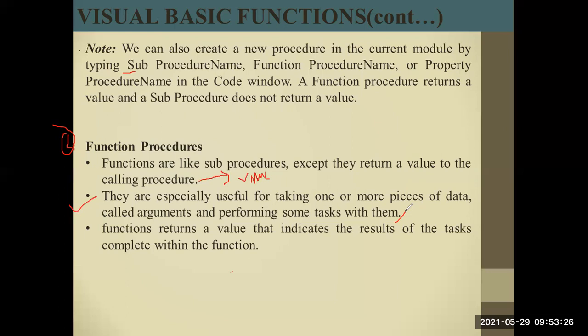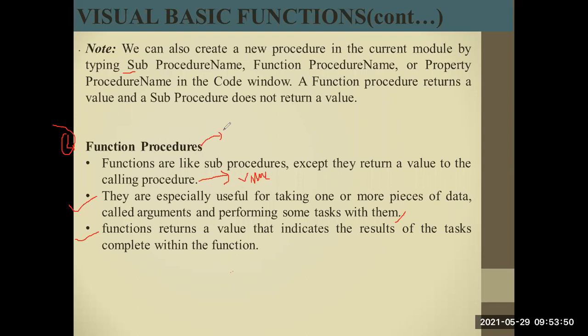The function procedure returns a value that indicates the result of the task completed within the function. The value returned by the function procedure indicates the output of that function procedure. Now the question can come up: what is the difference between a sub procedure and a function procedure?